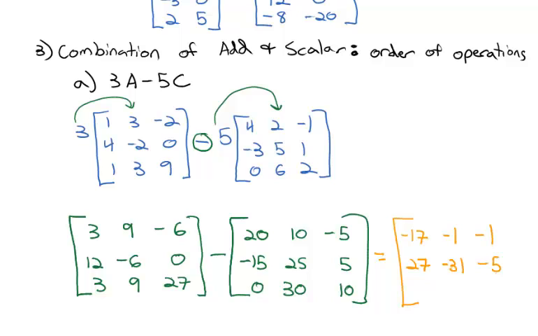In the third row, 3 minus 0 is 3. 9 minus 30 is -21. And 27 minus 10 is 17. And so we get our final matrix here, 3a minus 5c.